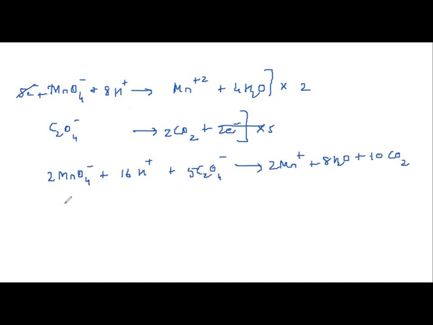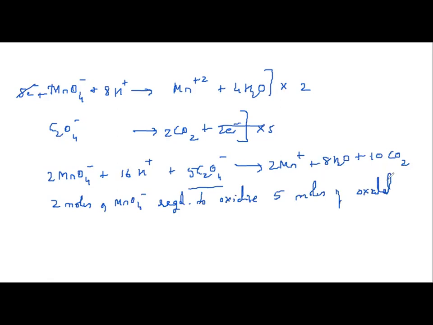Now if you see the equation, 2 moles of MnO4 minus are required to oxidize how many moles of oxalate? 5 moles of oxalate. The question asked is the number of moles of MnO4 minus required to oxidize 1 mole.